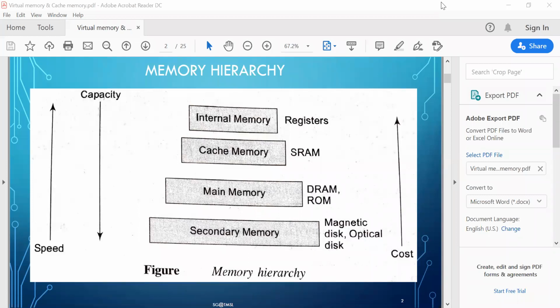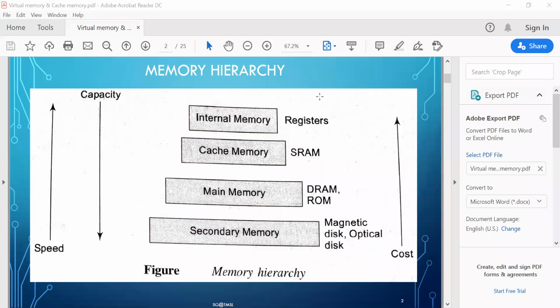After that, the actual main memories are RAM and ROM. These are very slow responding devices compared to the processor, but the CPU can communicate directly with the main memory, with RAM and ROM, for any read and write operation.